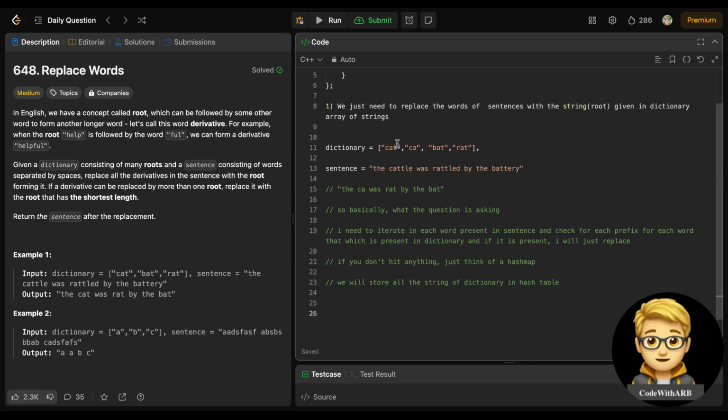Why am I doing that? That will handle the case where a derivative can be replaced by more than one root, because I'm starting from the lowest part.